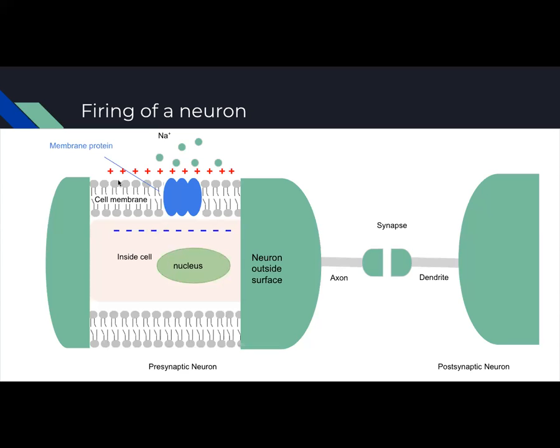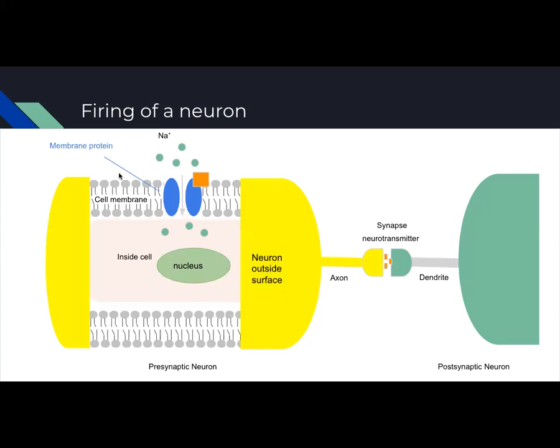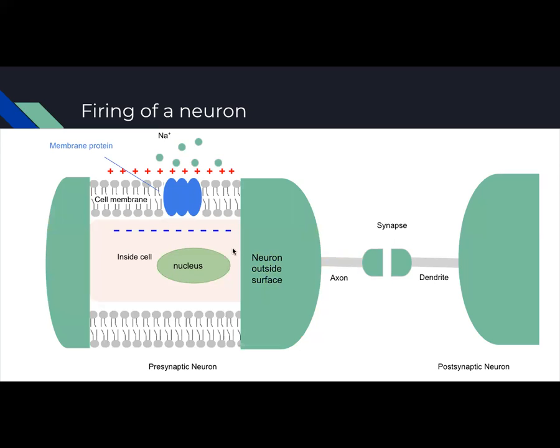And so there are pumps which pump out positive ions and try to leave the inside of the cell in a negative resting state. But when the membrane gets excited by, say, a neurotransmitter, then it will open and allow positive ions to infiltrate the inside of the cell, causing the signal, the voltage, to spike up and eventually go back down as the cell goes back to its resting state.